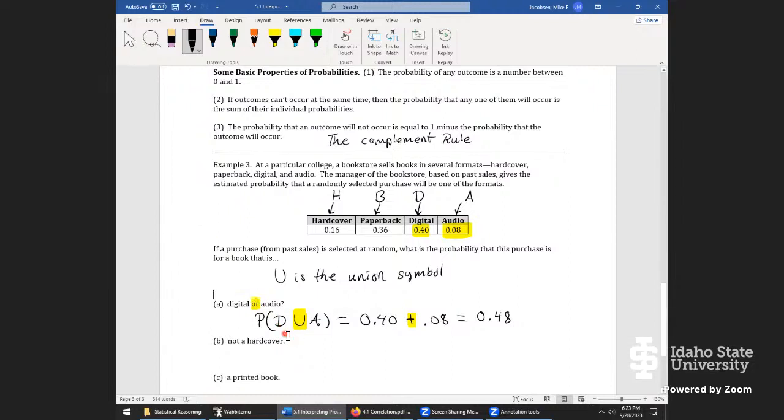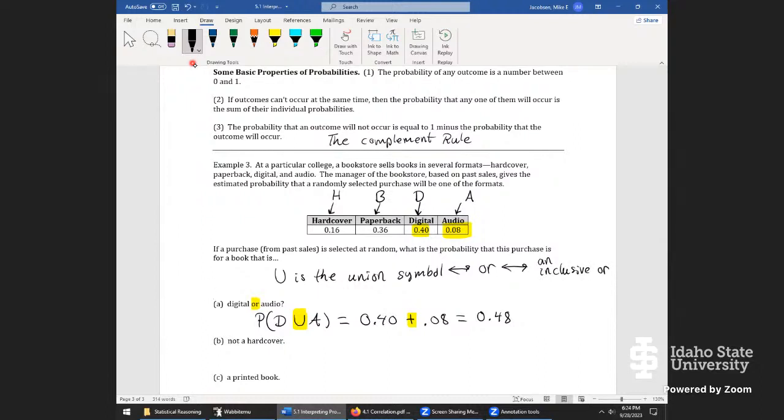We calculate the probability that the randomly selected book is a digital book or an audio book or potentially both. Even though that couldn't happen on this one, in other problems, that's what that or is doing. It's a really strange kind of or. So it happens whenever you're dealing with the or symbol, which is called an inclusive or.